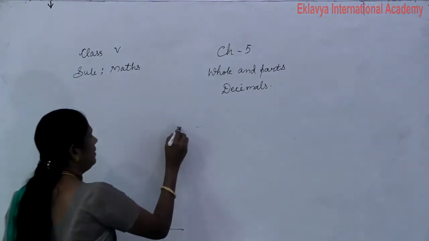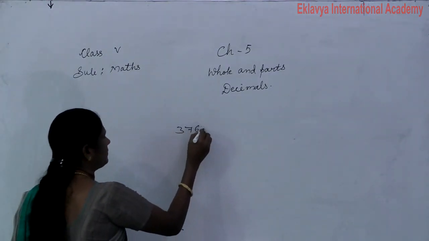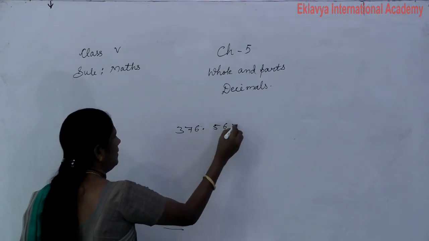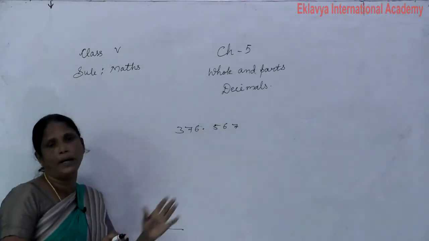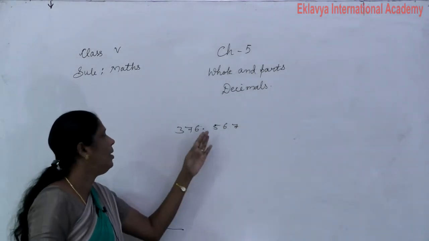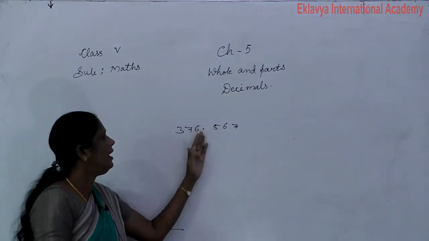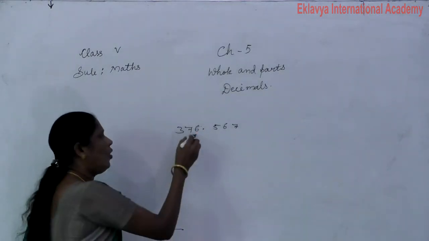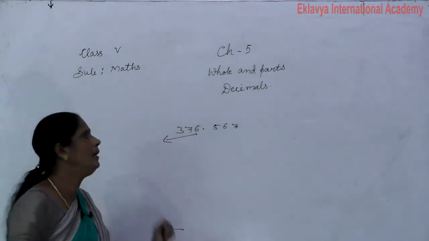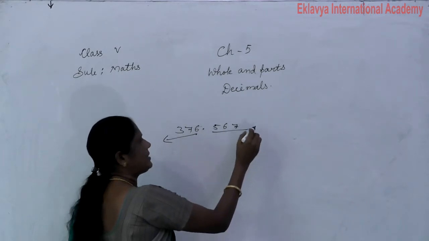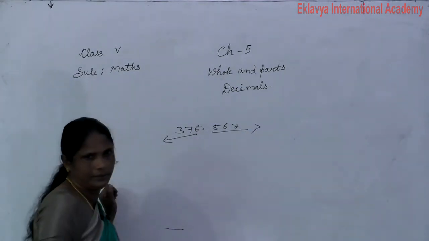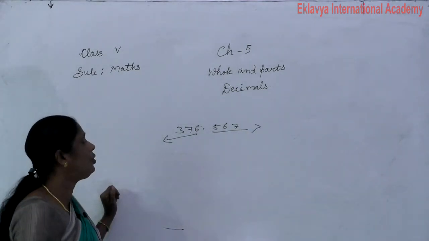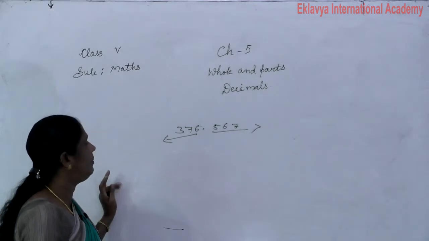First, there are two parts. The left hand side of the point is the whole number part, and the right hand side is the decimal part. How to read the number?